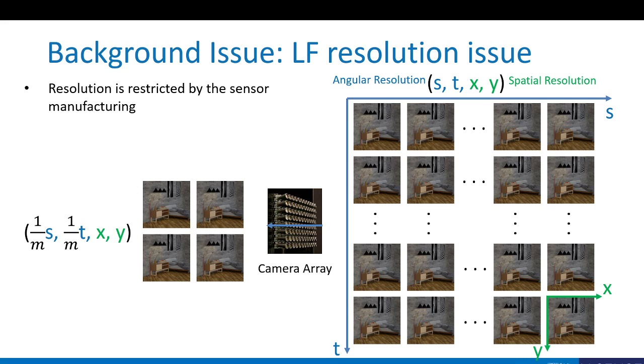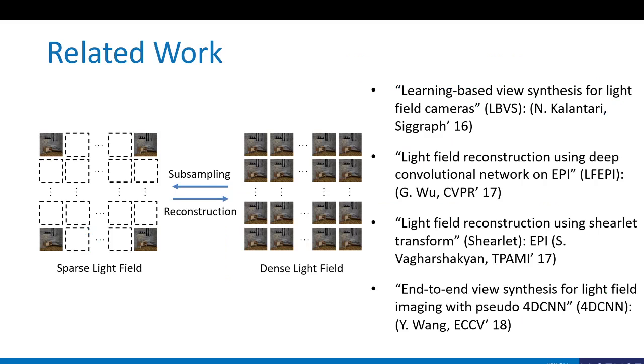This is because it is an array of high-performance DSLR cameras at each perspective location, but a limited number of cameras can be set up. Thus, one problem appears: how could we reconstruct a high angular resolution light field from those captured data using software algorithms?